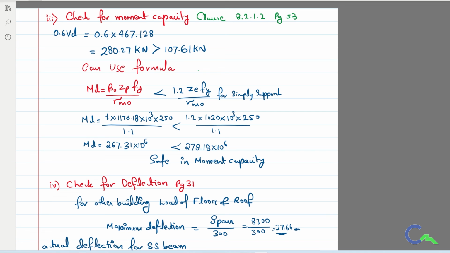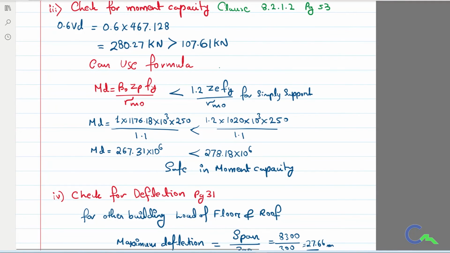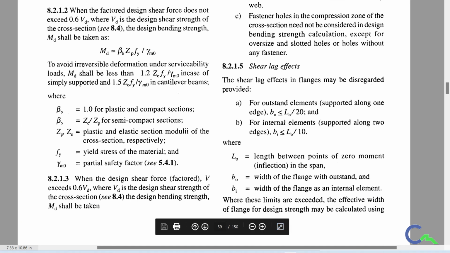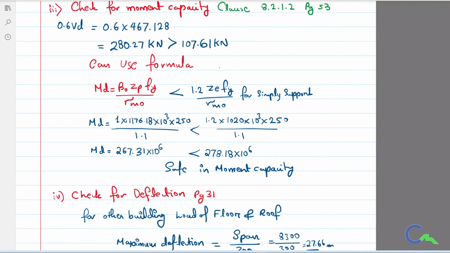So also we have to check which should be less than 1.2 ZeFy divided by gamma m naught. From this same page, in the page number 53, for the simply supported and cantilever condition they have given. So for cantilever 1.5 ZeFy by gamma m naught. So that I'm going to get 278.18 into 10 to the power 6.